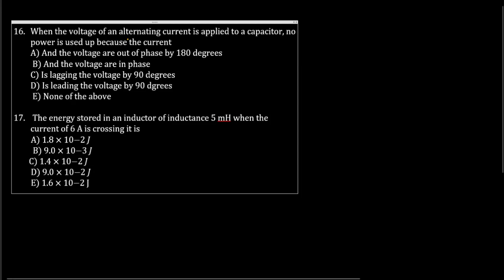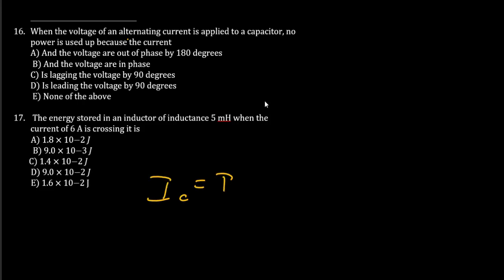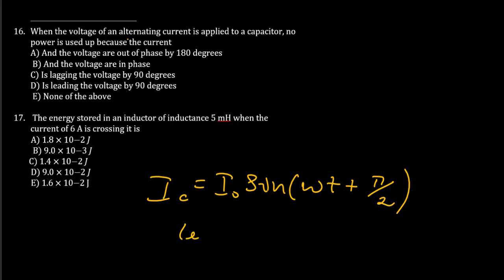Okay, so we get that the current in a purely capacitive circuit, I_C, is simply given by I naught sine omega t plus pi on 2. So in purely capacitive circuits, the current leads the voltage by an angle of pi on 2. So the correct option is D.